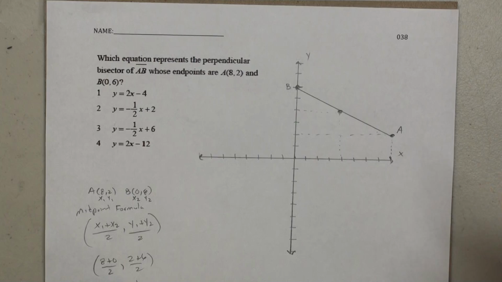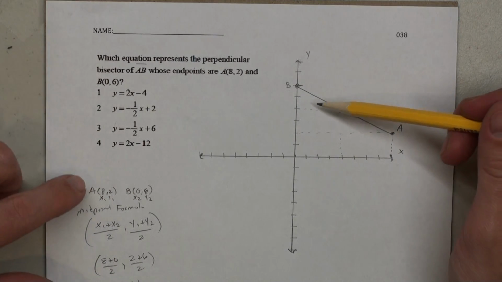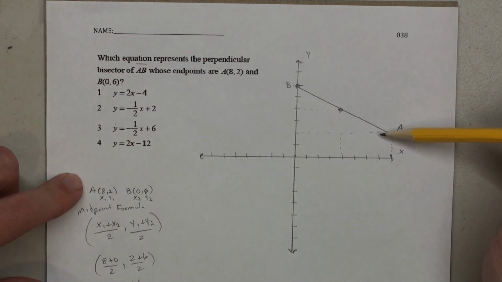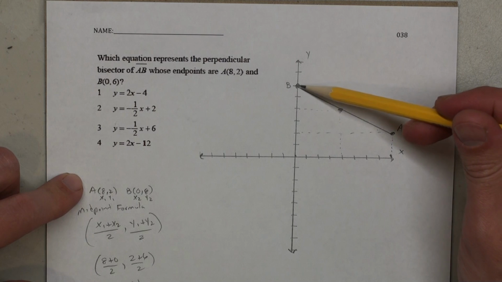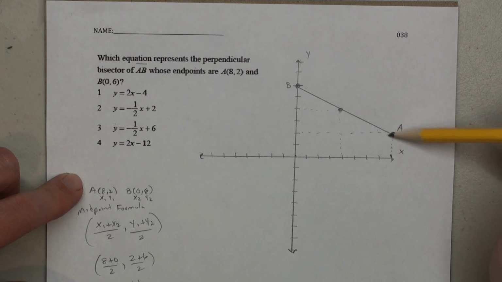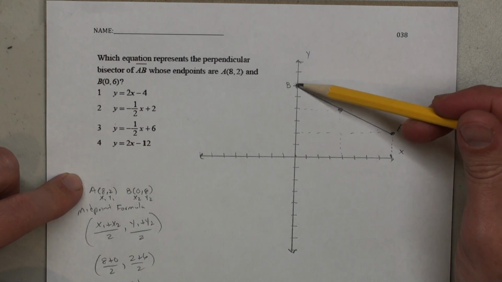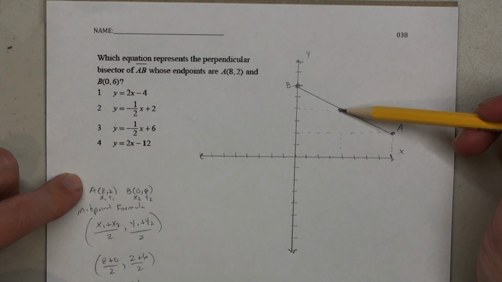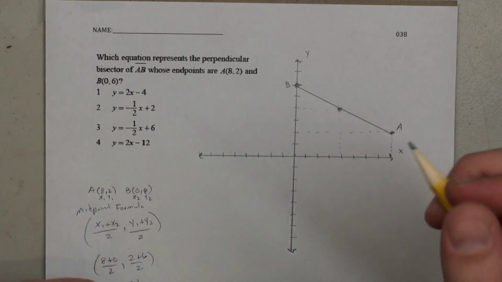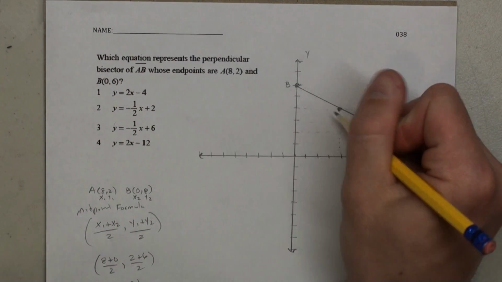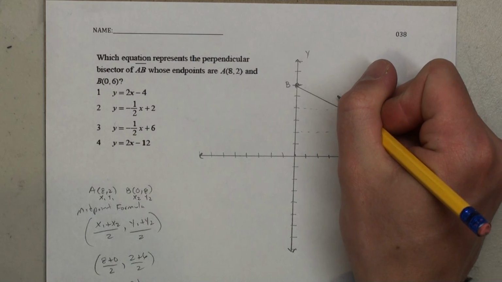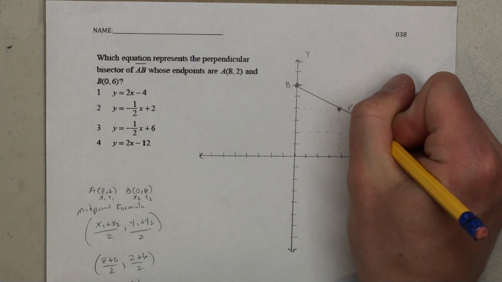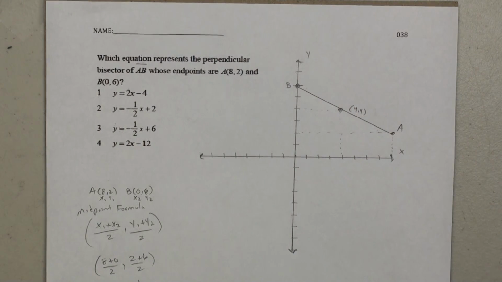The other way I could have done this is going from B to A, I go over 8 and down 4. So instead I could just go over 4 and down 2, which is half as much. That's another way you could do it, but either way, this is the midpoint, at (4, 4).